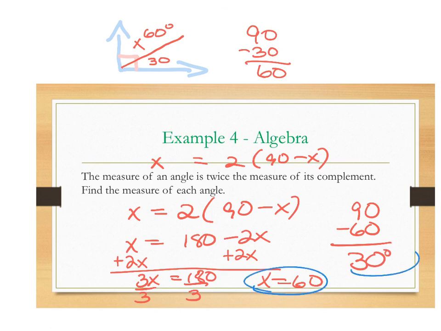And if I take this information and go back and put it into the word problem again, the measure of an angle, so my angle was 60, is twice the measure of the complement. The complement of 60 is 30. Is 60 double 30? Yes, it is. So it makes sense. You could always go back and confirm by plugging in the numbers that you're getting.